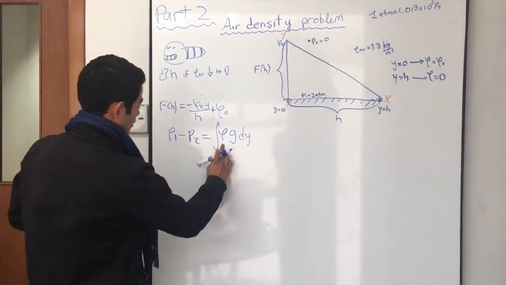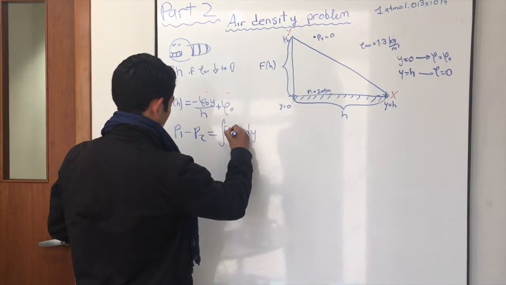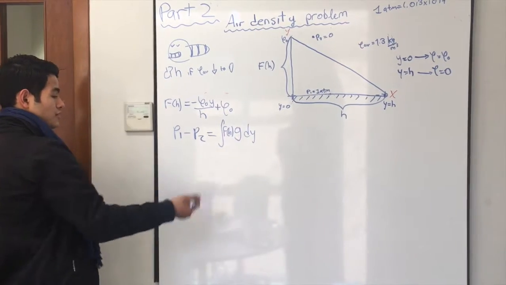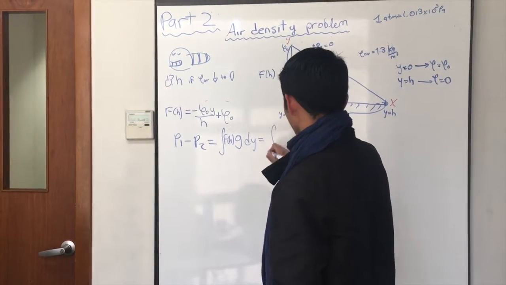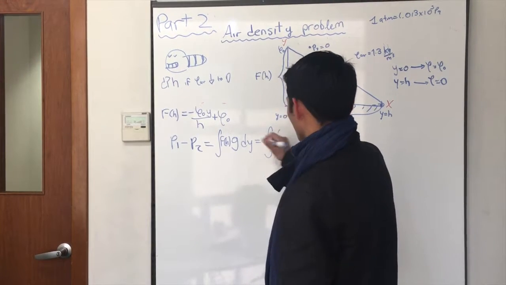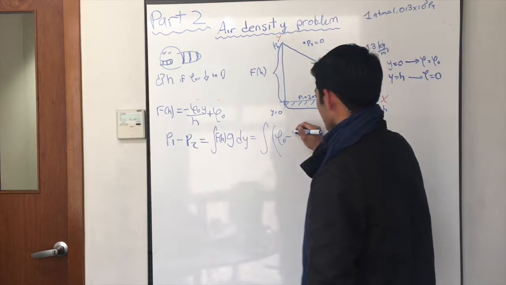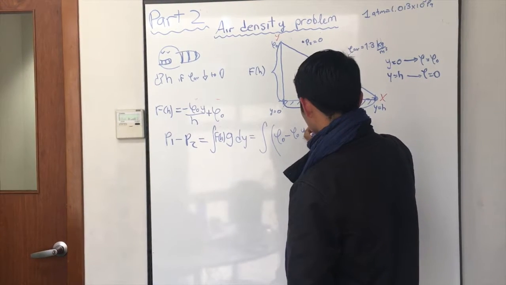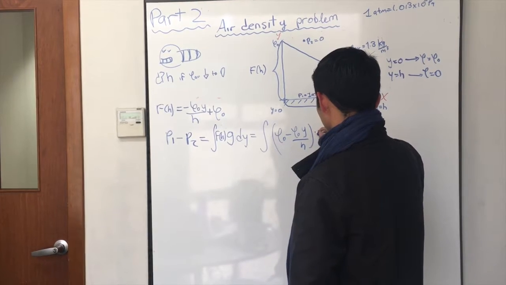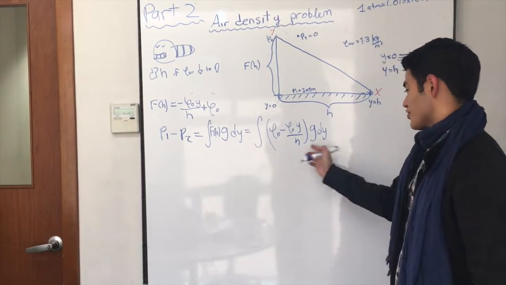Well, let's say this rho is our function of h. So now we will just substitute this in here. So this is the integral of all this, that is the initial density minus the initial density times y over h times gravity times the differential of y.